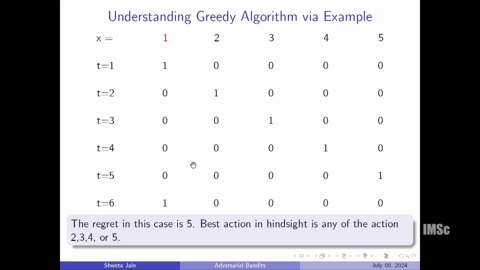No, this is just an example. I am talking about capital T rounds and whatever n number of arms. This is just an example to show you how things are happening.